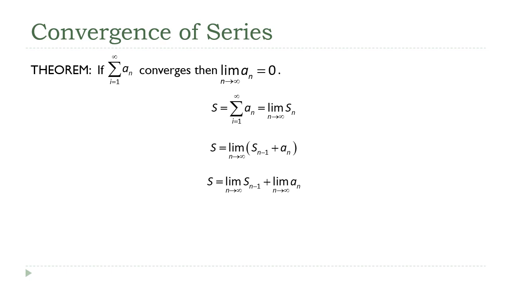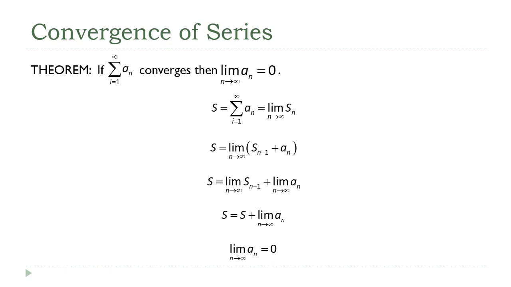Ultimately, we're looking at the entire sequence of partial sums, whether I start at n or n minus 1 or n plus 1 for that matter. So if I replace that with s, I get this. And that takes me to where I need to be. If we subtract s from both sides, we end up with the limit as n goes to infinity of a sub n equals 0. And that's what we needed to show.